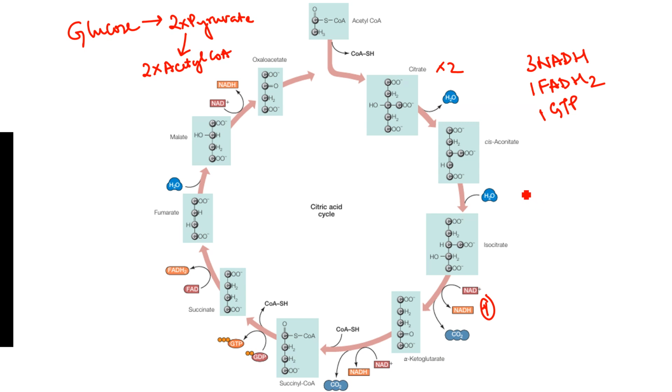So for the conversion of FAD to FADH2, the enzyme that would be involved here would require two H plus molecules. So when the reduction of FAD takes place, it always produces FADH2, while NAD, when it is reduced, always produces NADH.